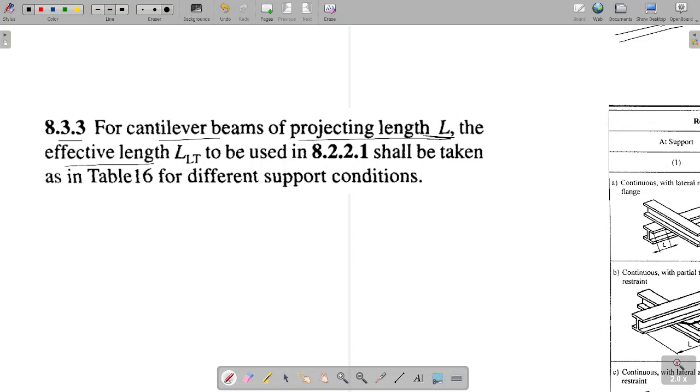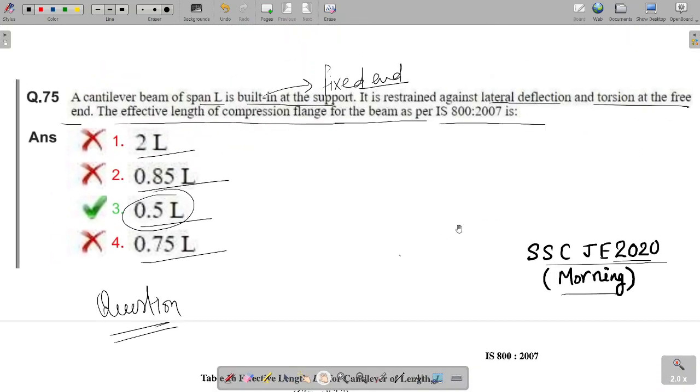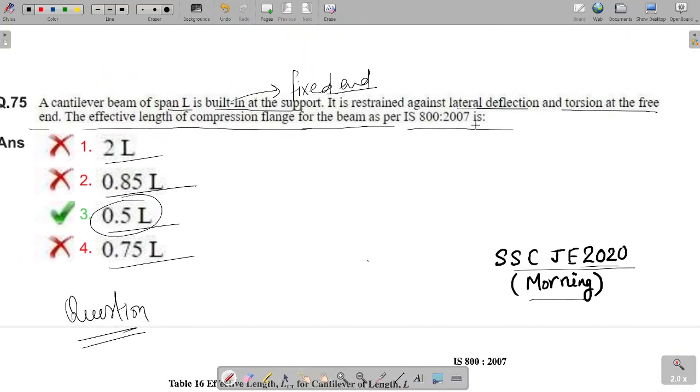The effective length LLT to be used shall be taken as in Table 16 for different support conditions. So in our question, what was the condition given? It is restrained against lateral deflection and torsion at the free end, and it is built in at the support.